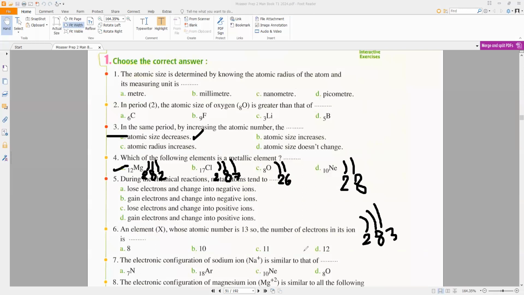The sum is 13, so it's atomic number 13. It has 3 in the outermost level, meaning metal. When its ion loses the three outermost electrons, its electronic configuration will be 10.